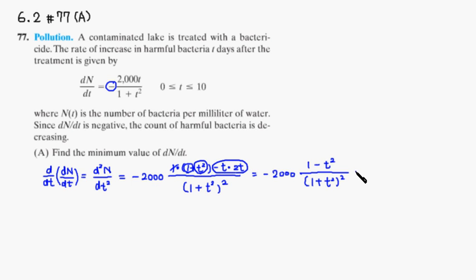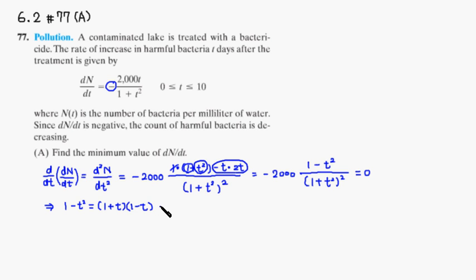Set that equal to 0, which means we can simply set the numerator equal to 0. Negative 2000 is just a constant, so I'm going to ignore that. We have to make sure that 1 minus t squared, the numerator, equals 0. I'm going to factor it: 1 plus t times the quantity 1 minus t.